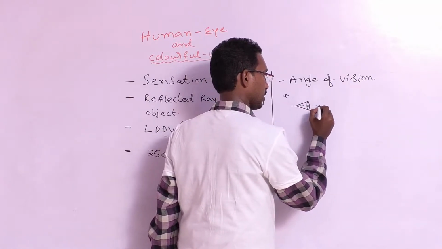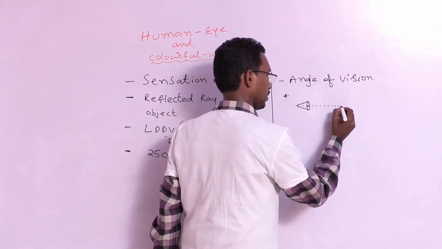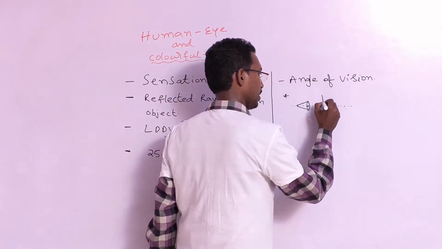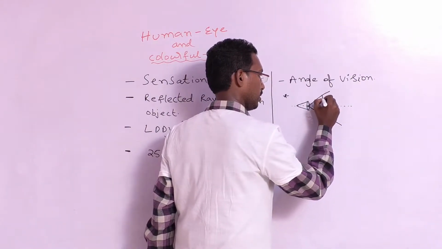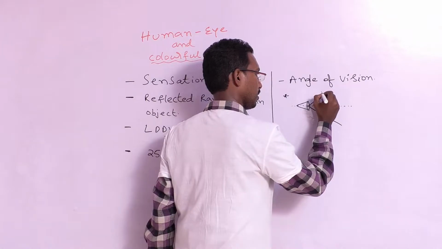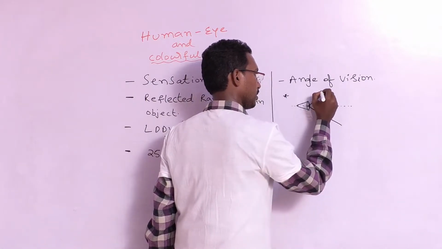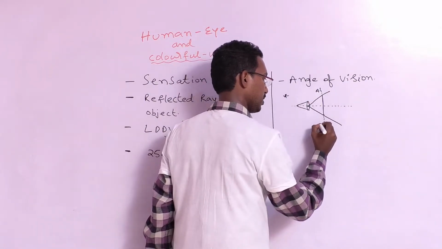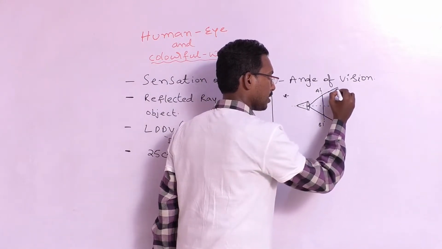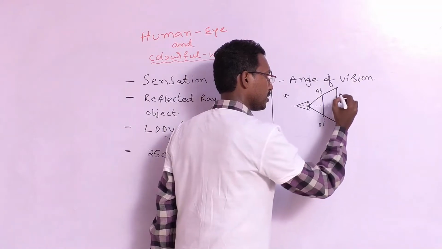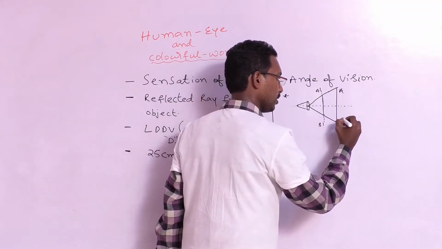If you take this as a horizontal line, and this is the angle of vision for the object, it is like A dash, B dash, and this angle keeps on going, and let us suppose it is stick AB.